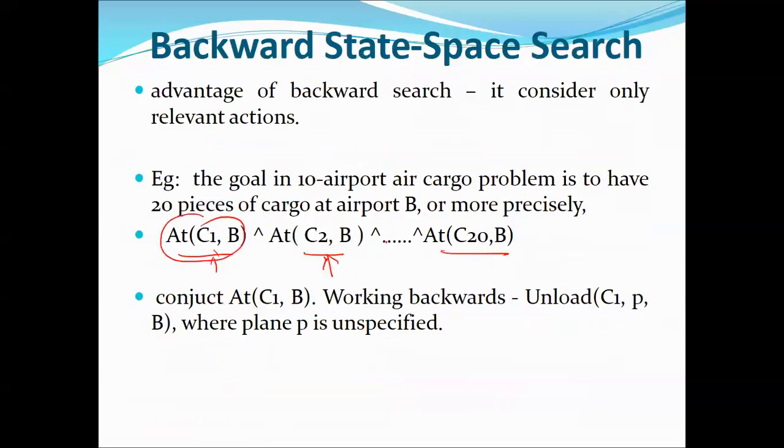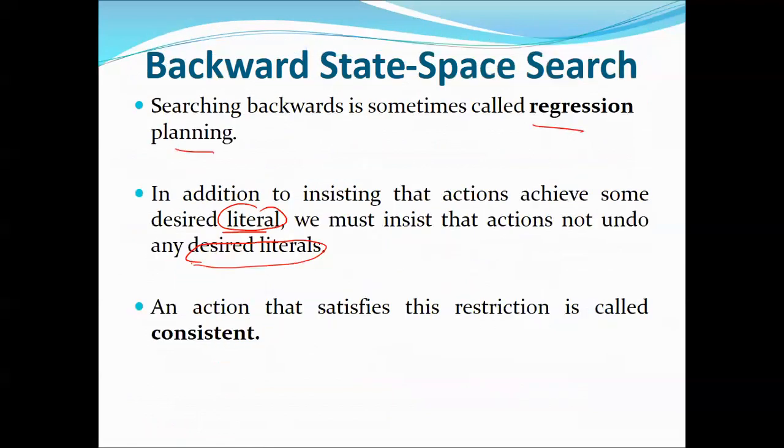Now when you do something else, this got undone, which means it becomes unachieved. That should not happen. So that is what it means. So the backward search should ensure that the desired literals are achieved, and also that it is not undoing any desired literals.